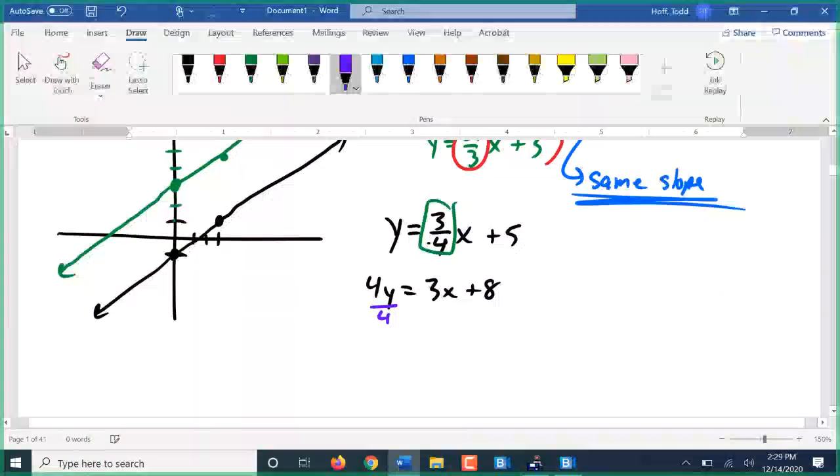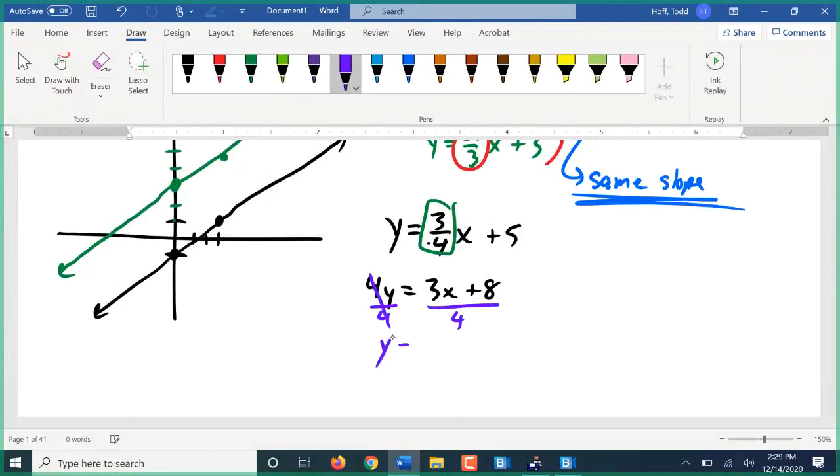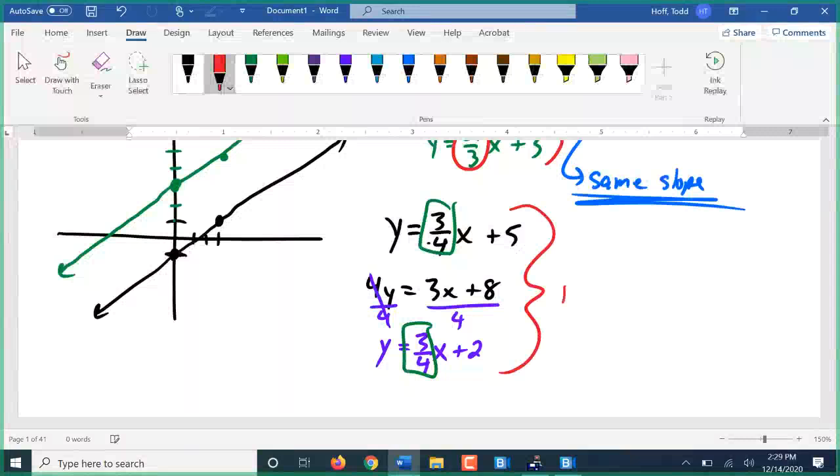We have to divide by 4. Well, we divide by 4, gets rid of the 4 on the left side, so we just have y. 3x divided by 4 is 3/4 x. Plus 8 divided by 4 is 2. That also has a slope of 3/4. So those 2 lines are parallel.